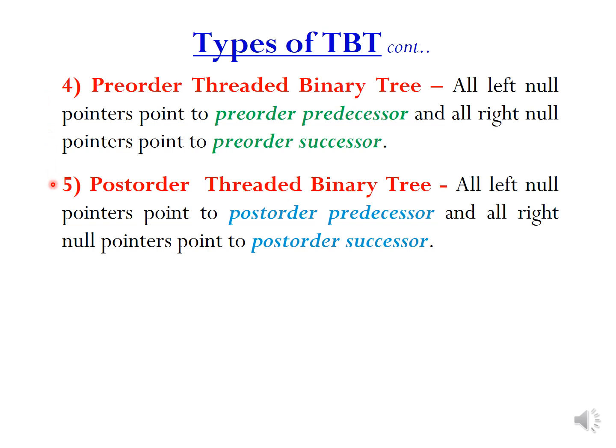In the same way, in a post-order threaded binary tree, all left null pointers point to the post-order predecessor and all right null pointers point to the post-order successor. These two categories are not as popular as the in-order threaded binary tree, and they are rarely used.